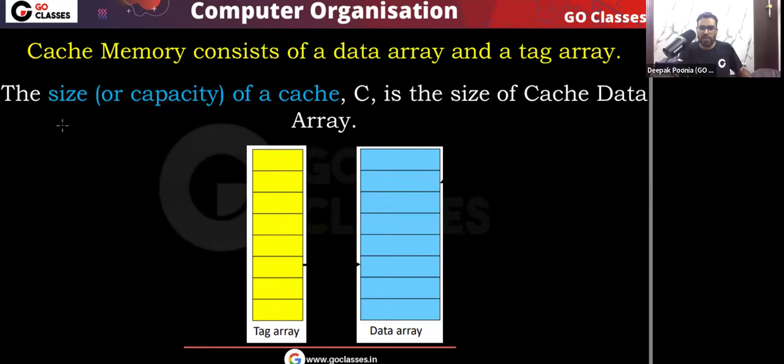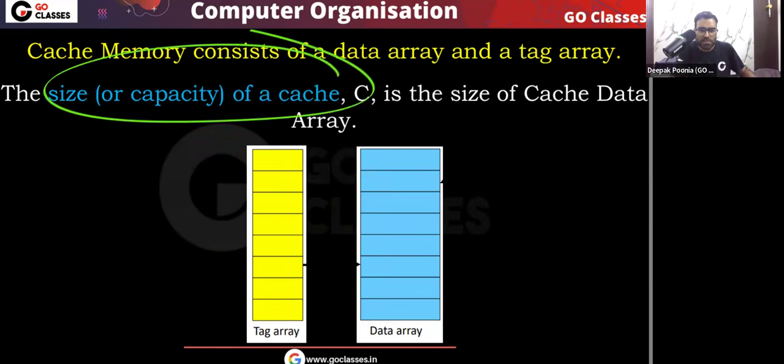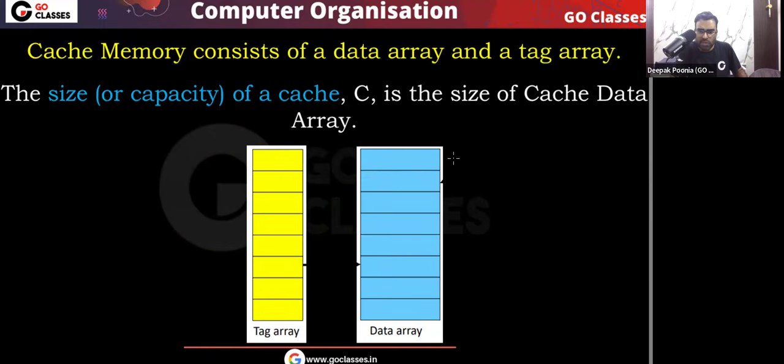Remember, when we discuss the size of cache memory, then we only consider the size of data array, meaning the number of lines multiplied by the size of a line. We do not include the size of tag directory unless it is said in the question.